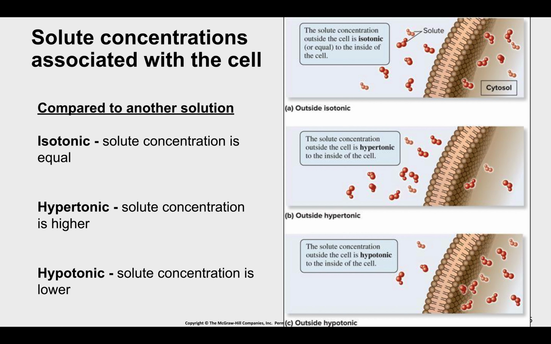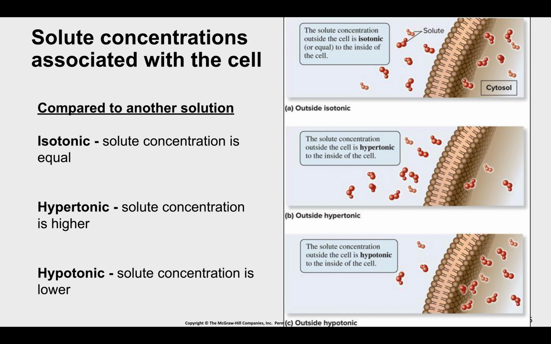Hypertonic, that would be this middle picture here, is that the solute concentration is higher on one side of the membrane versus the other side. So in this image here, our solution is hypertonic outside of our cell, because there are more solutes compared to the inside. The last one would be hypotonic: the solute concentration is lower on one side of a membrane than the other.